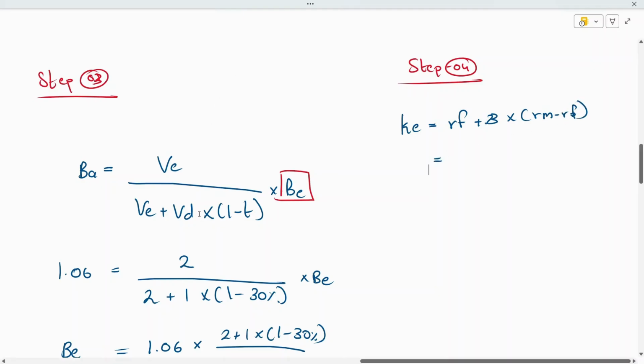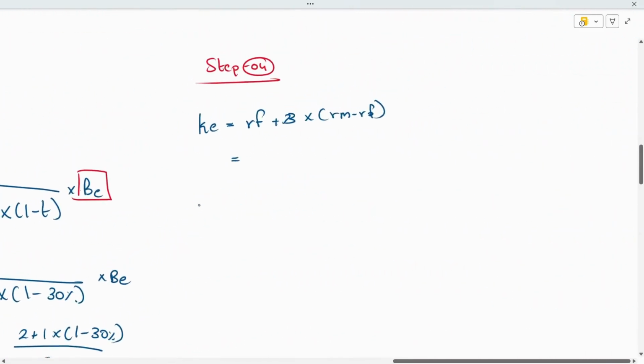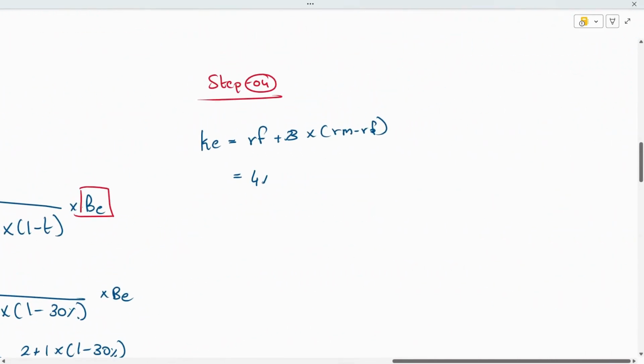According to the example, what is the risk-free rate? The risk-free rate is 4%, market rate is 12%. So our new equity beta is 1.43 into market rate minus the risk-free rate.